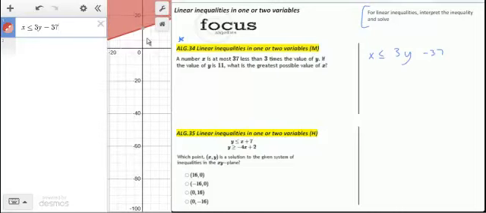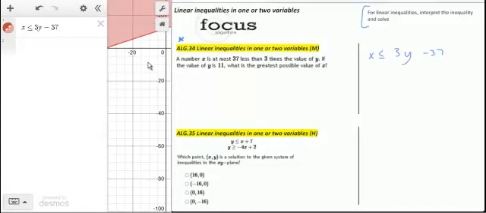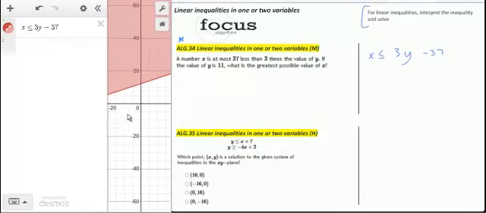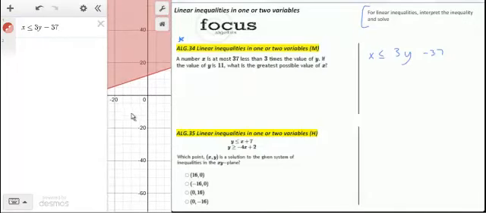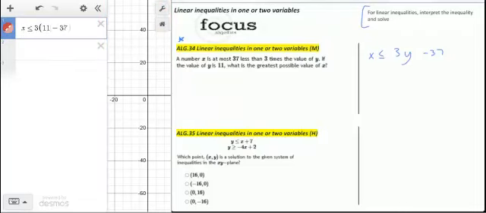If you go up here and double check, when you are looking at this problem, if it tells you that the value of y is 11, what we want to do is substitute that in.